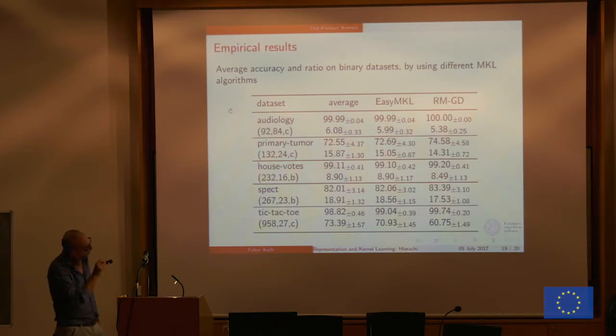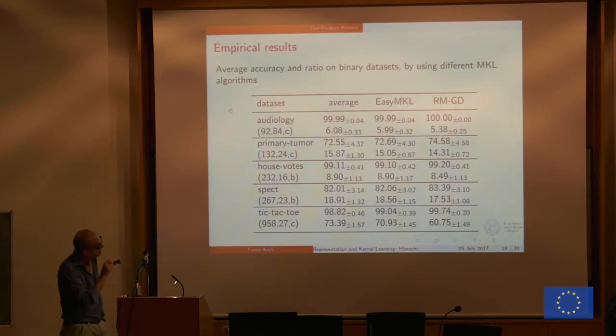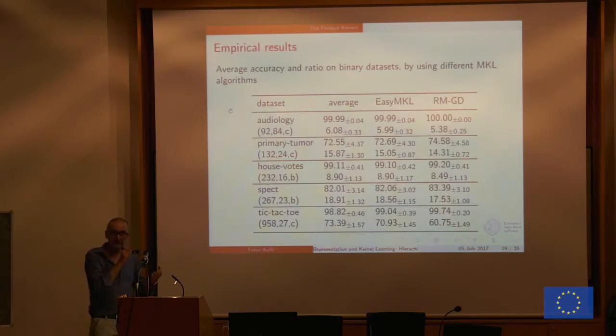And obviously, as would be expected, in the case of RMZD, I remind you that this is the method that optimizes the ratio. It tries to minimize the ratio between the radius of the minimum enclosing ball and the margin.